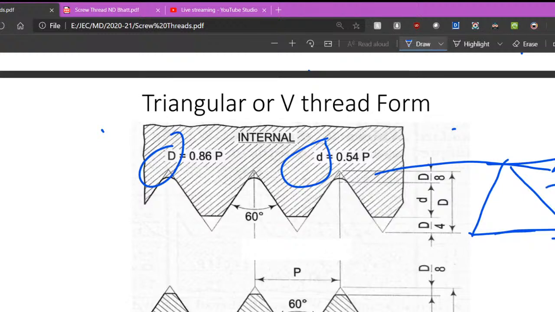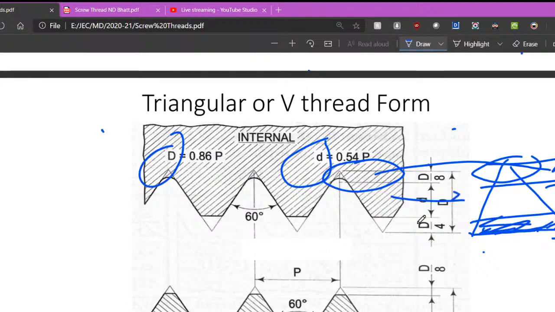This is capital D, but as you see we are leaving some portion here. From this fundamental triangle we are leaving some portion, we are cutting it when we talk about internal thread.